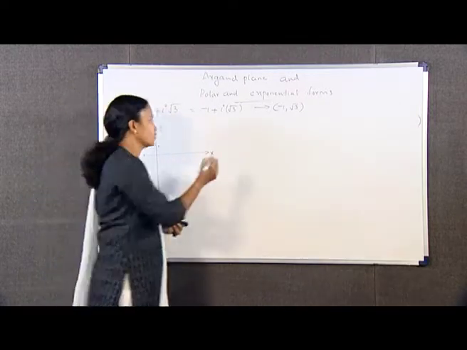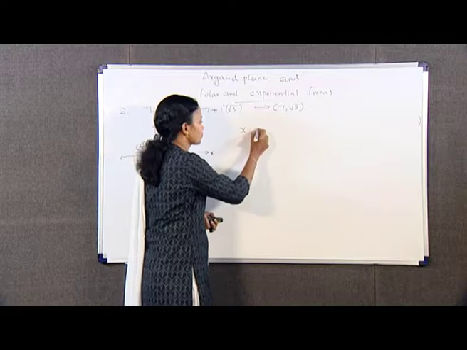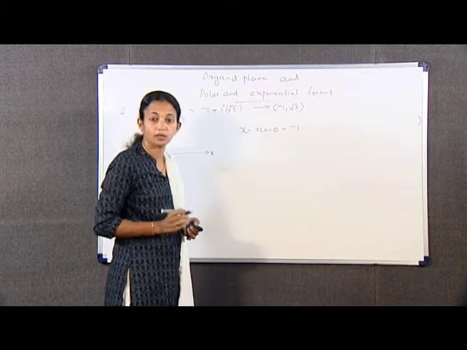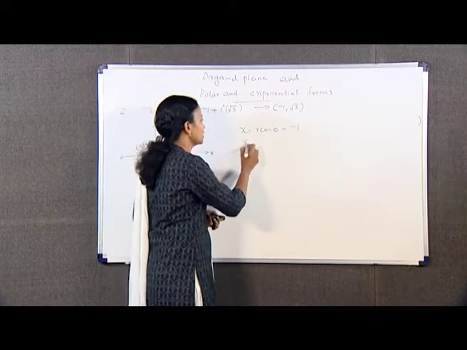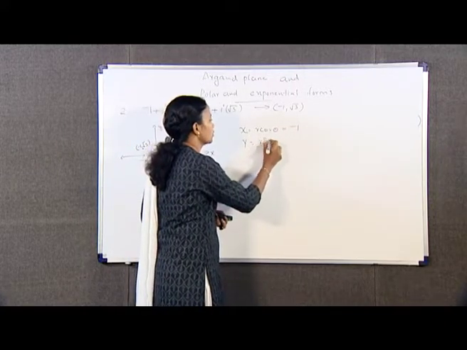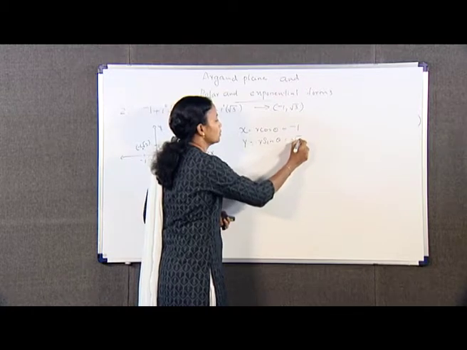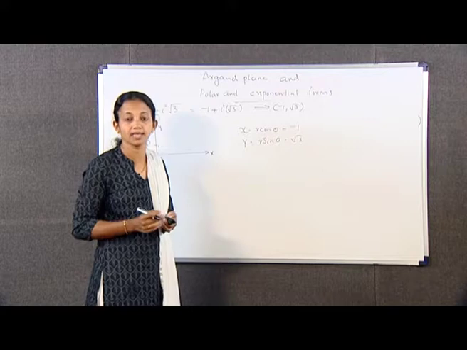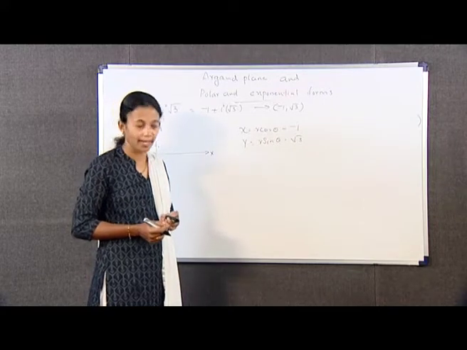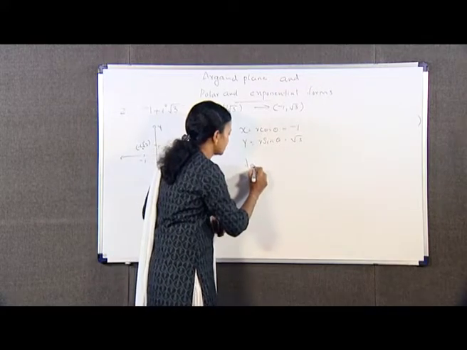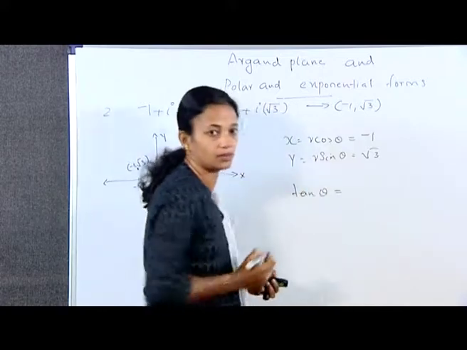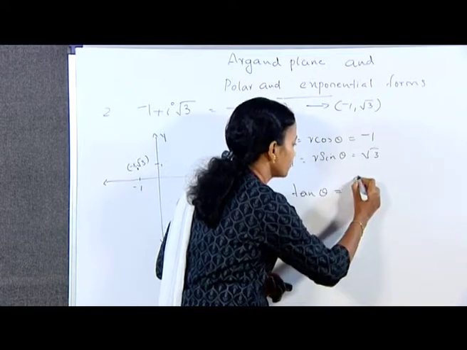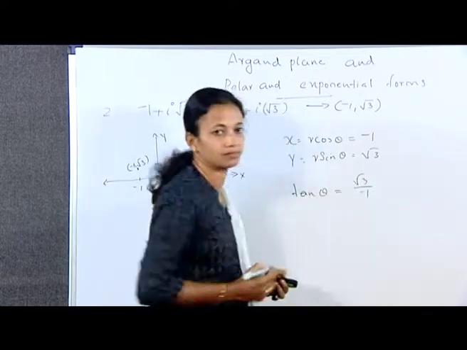Also, x is equal to r cos theta, which is equal to minus 1. Here y is equal to r sin theta, which is equal to root 3. So, the point lies in the second quadrant, and hence tan theta is equal to y by x, which is equal to root 3 by minus 1.